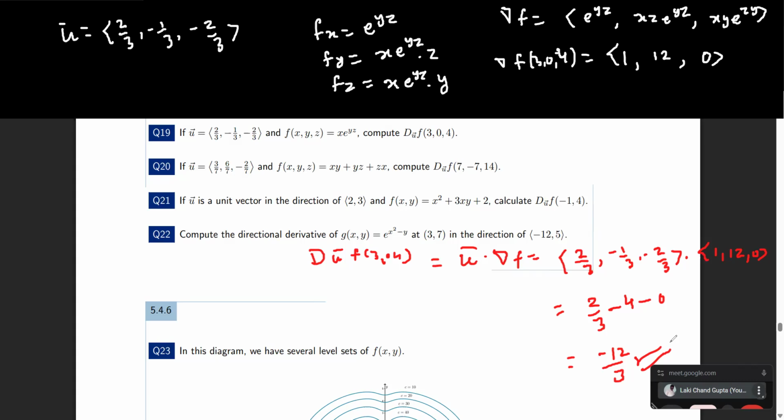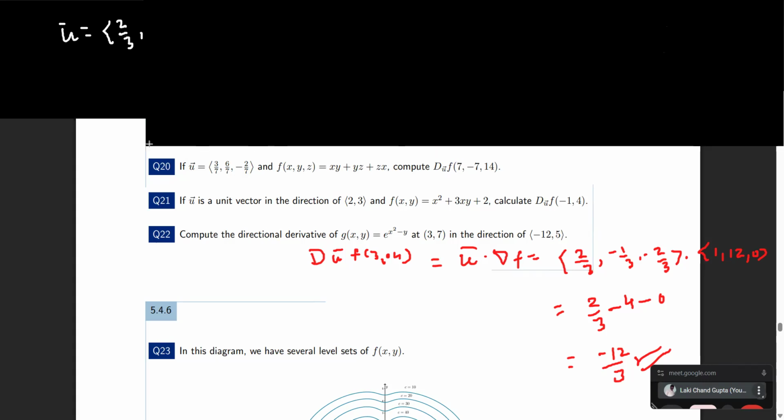Right? Thank you. Now see question number 21. 21 says we have this vector u, (2, 3). But this is not a unit vector, this is a normal vector.